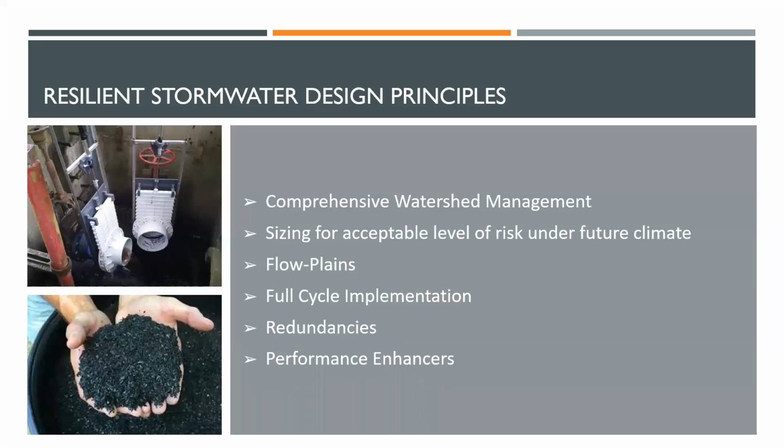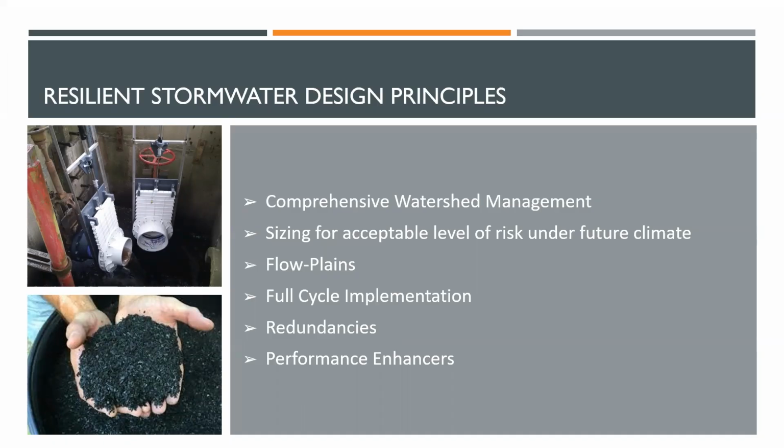Full cycle implementation really means how do we bring a lot of attention back to maintenance in the context of climate resilience. A lot of these issues or vulnerabilities can be dealt with through routine, regular maintenance, but do we have the funding for that? Do we have the procedures to catch the types of vulnerabilities that we're expecting to have?